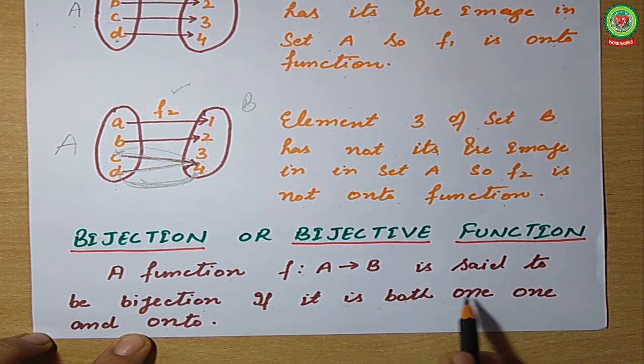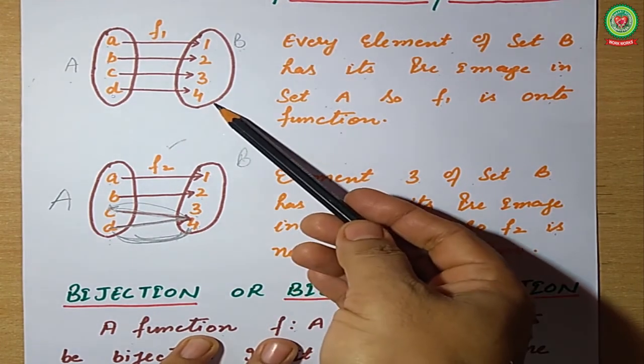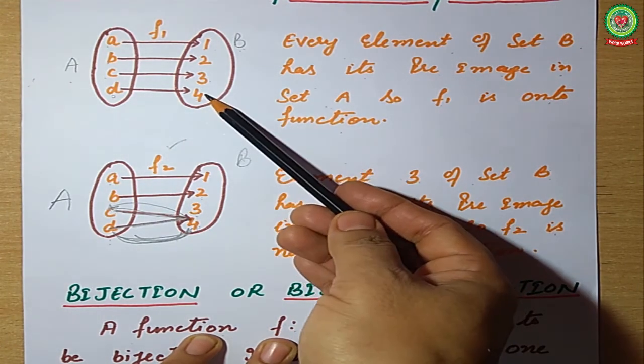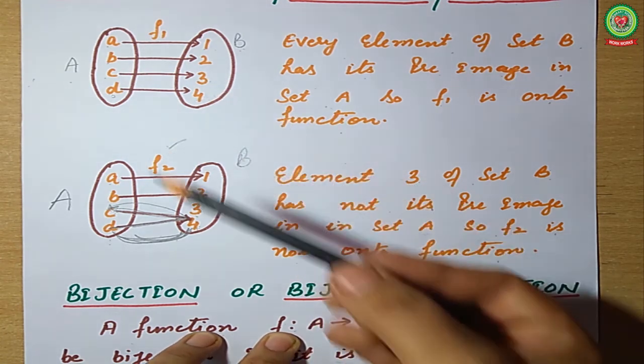If the function is one-one and also onto, then it is a bijection. A big example of this one: it is one-one and also onto. So this type of function is called a bijection function.